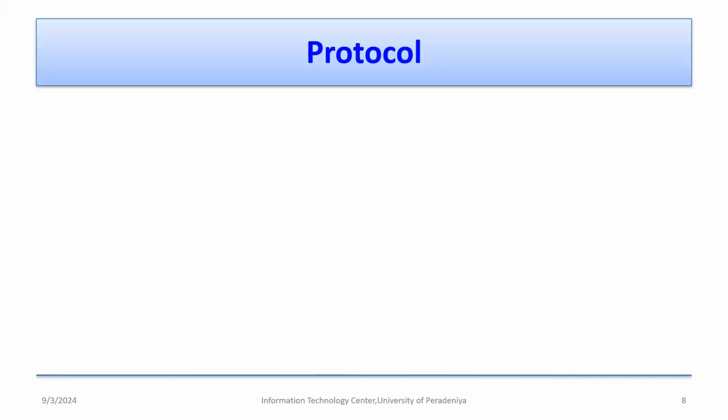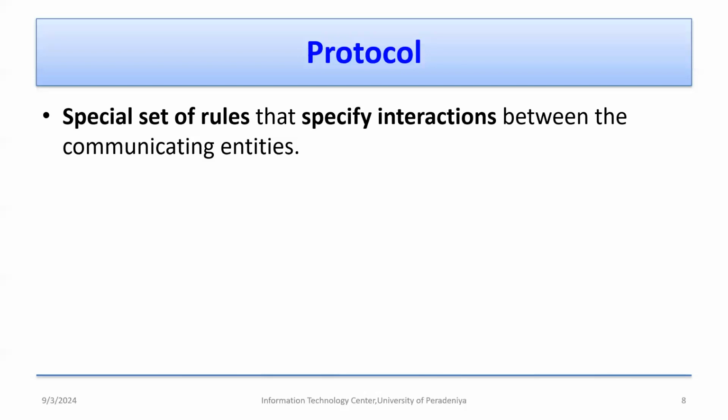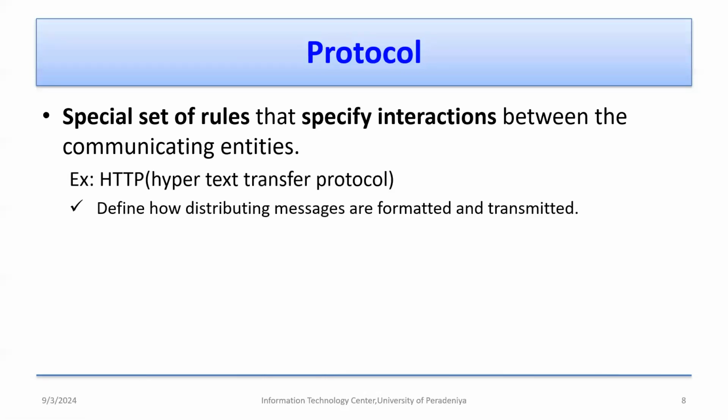Earlier I explained the protocol for sending letters in a post mail system, right? So we call a special set of rules that specify interaction between the communicating entities, or a set of rules defined to perform specific tasks. For example, there are a number of protocols.